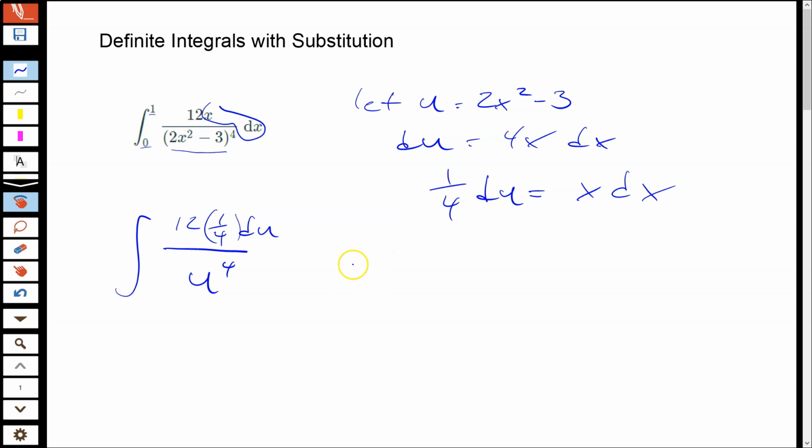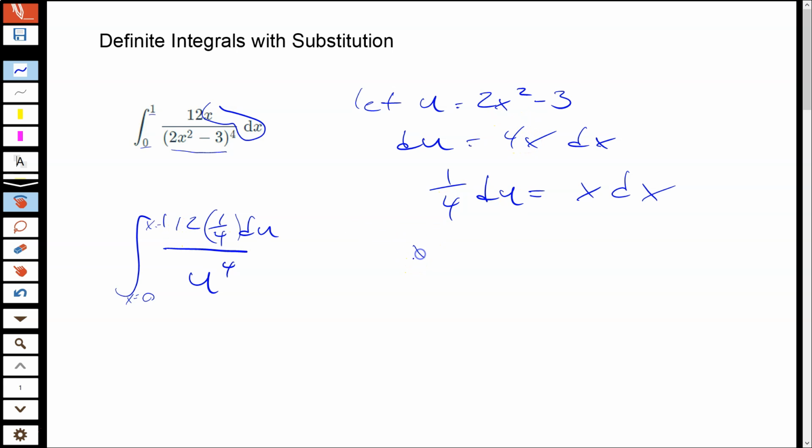Now, here's where things get interesting. So this is the integral from 0 to 1, but these are both x's. x equals 0, x equals 1. We need to change them into u's.